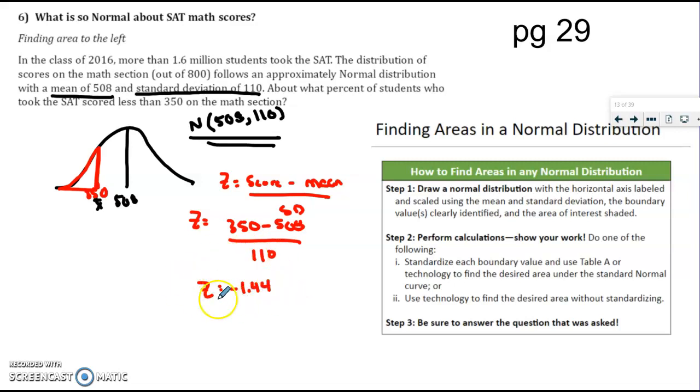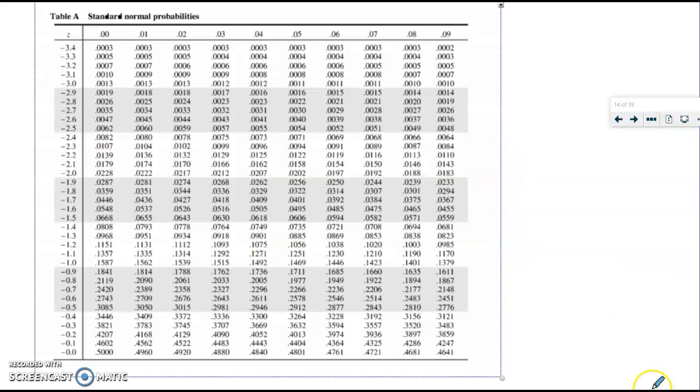So what I can do is use a z-score chart to help identify what percent is to the left of that specific z-score of -1.44. If you look at one of the packets I gave you at the beginning of the year, the formula packet, if you go to table A, you will see something like this, okay?